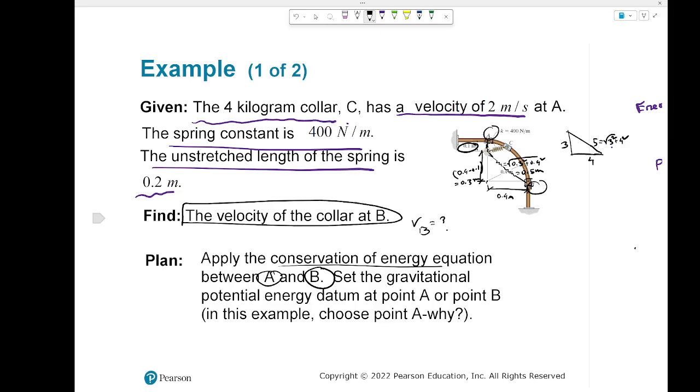So this problem is a little tricky. Think this way: when the collar is at point A, you understand what is going on here, right, everybody? The collar is on a guided route, or a guided tube. The collar is moving on a tube, so it's guided by the tube.